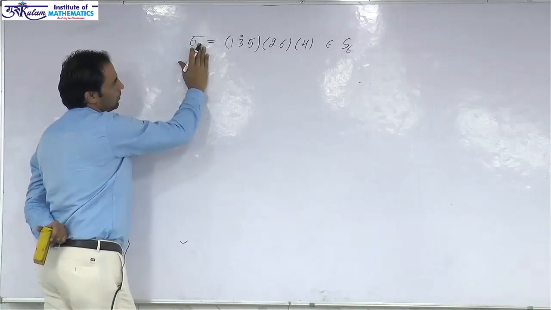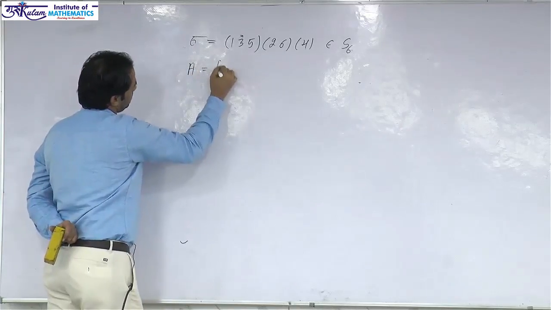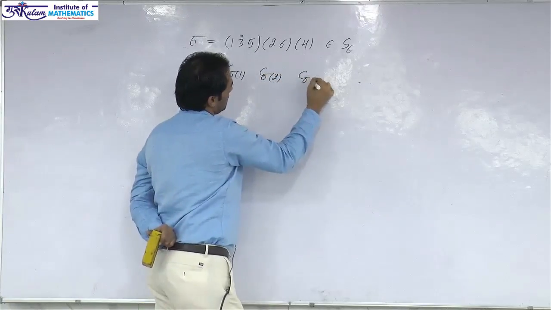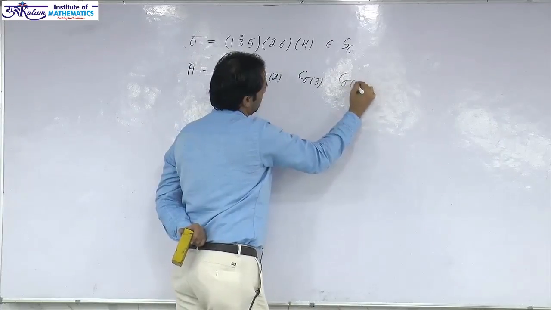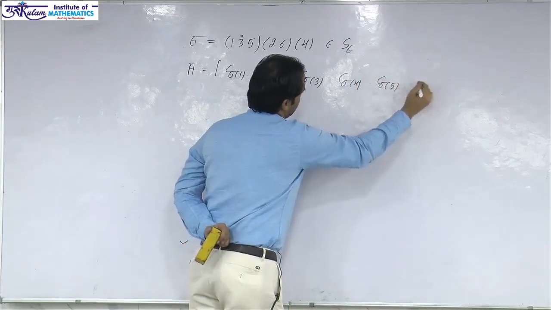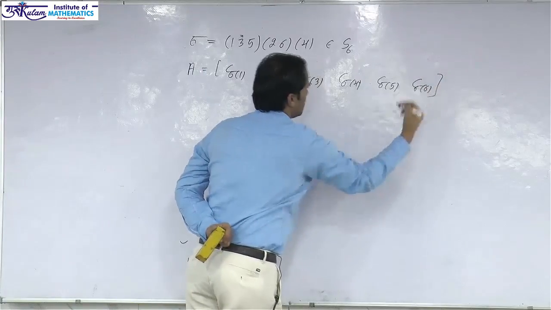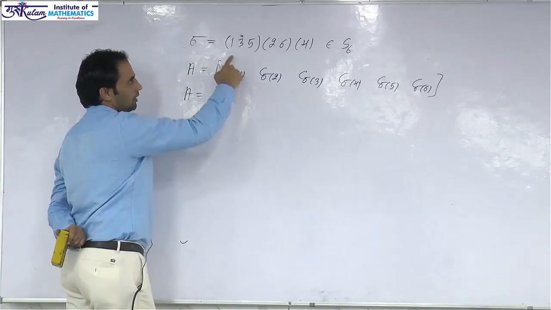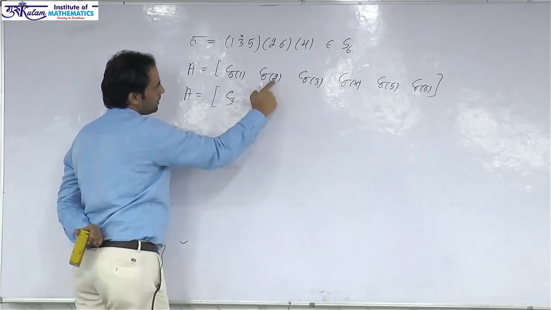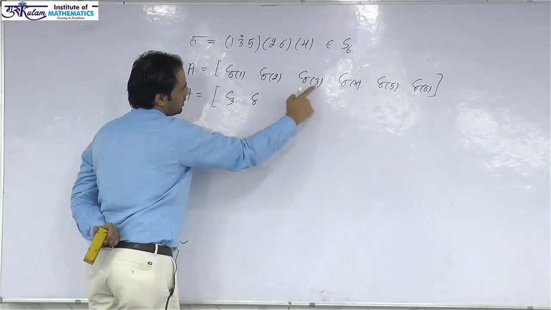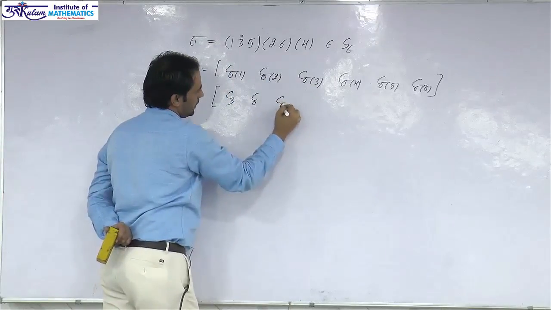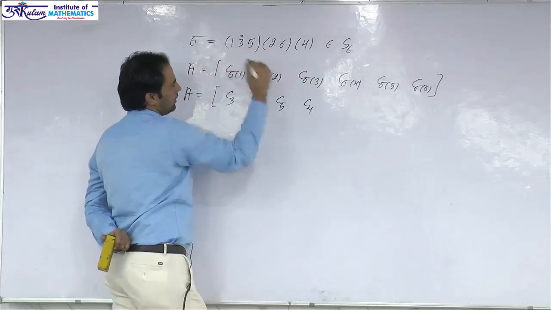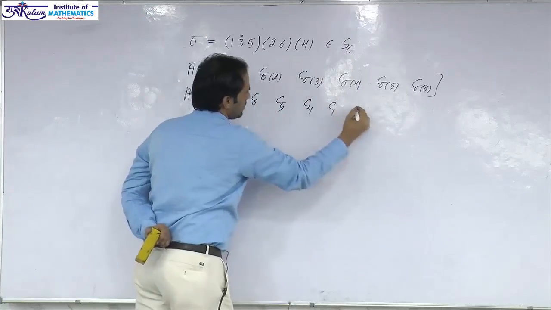Then corresponding to this permutation, the permutation matrix A is C of sigma 1, C of sigma 2, C of sigma 3, C of sigma 4, C of sigma 5 and C of sigma 6, which is the same as: sigma 1 is 3, that is C3, sigma 2 is 6, that is C6, sigma 3 is 5, that is C5, sigma 4 is 4, that is self-imaged, sigma 5 is 1, that is C1, sigma 6 is 2, that is C2.